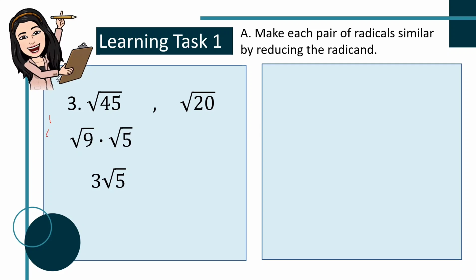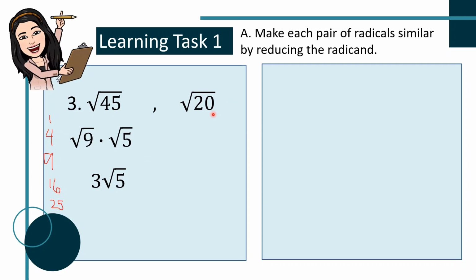That is 4, because 2 times 2 is 4. How about 3? 3 times 3 is 9. How about 4 times 4? We have 16. How about 5 times 5? We have 25, and so on and so forth. These are the numbers multiplied twice by themselves, so these are the perfect squares. Now let us look for factors of 20, one of which is any of these.